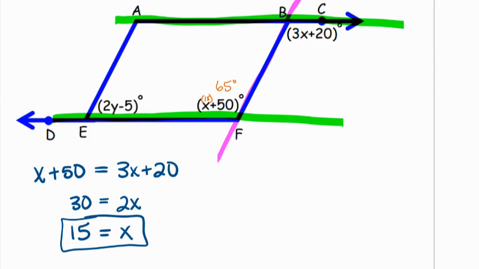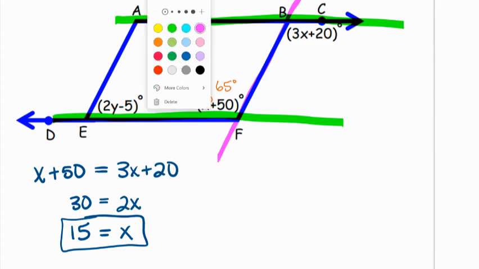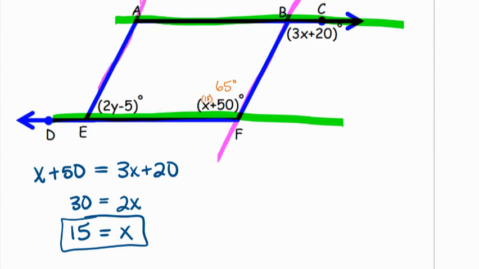Now, if I think about the pink lines here and deciding if they are parallel, I can use my green line there as my transversal. So the 2y minus 5 and the 65, those are same side interior angles, and I need those to be supplementary.